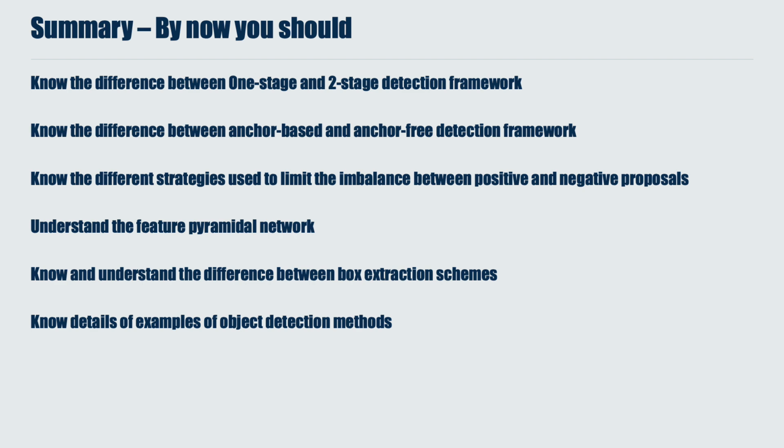Understand the feature pyramidal network. Know and understand the difference between box extraction schemes and what they are doing, and know a few examples and details on object detection methods, and have a bit of a feeling or an understanding of the different challenges that you may encounter in object detection and specific uses in medical imaging.